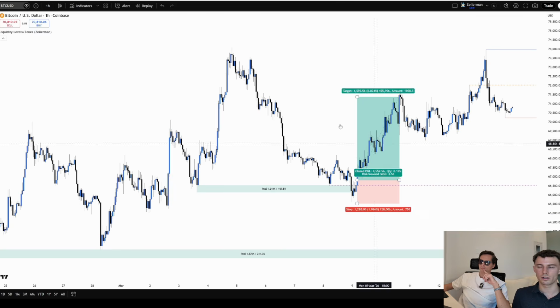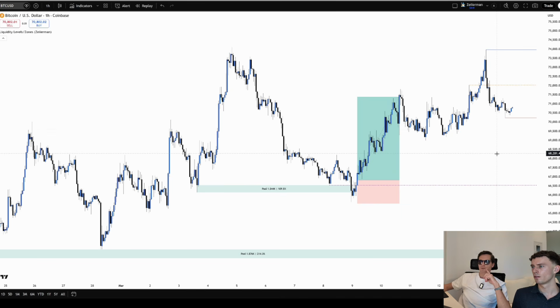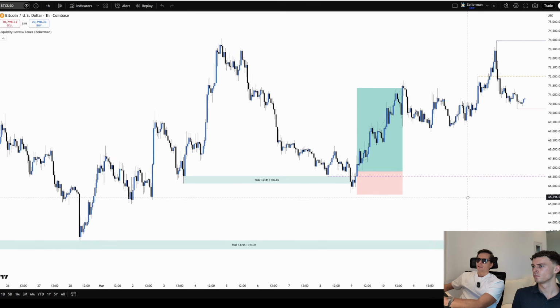Let's just hold, and this is the 1 hour chart, so you will make a lot of money because this is a great movement, right? Massive movement, lots and lots of pips. It's gone from what, 66,000 to 71,000, like 500. Yeah, it's crazy. It's a good trade for sure. It's good for people who want to hold for maybe 1, 2, or 3 day trades. So it's very simple, and yeah, that's it.